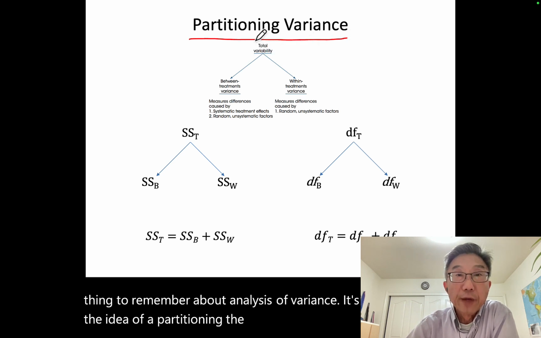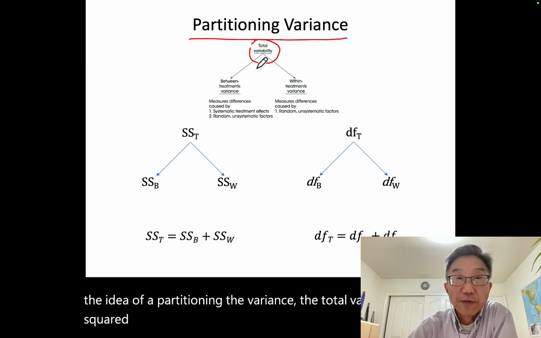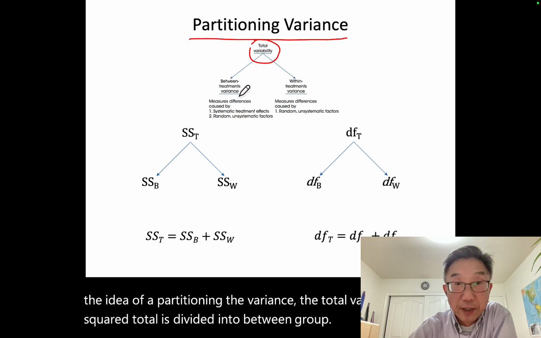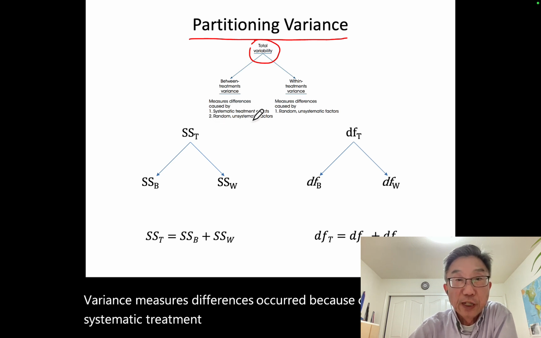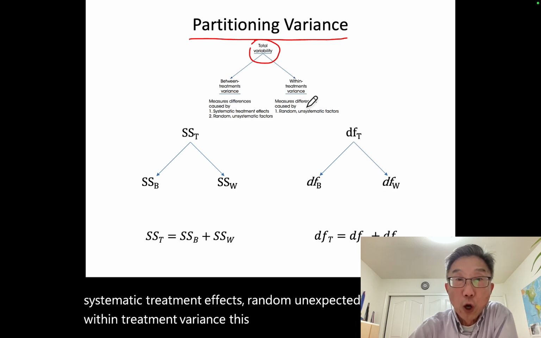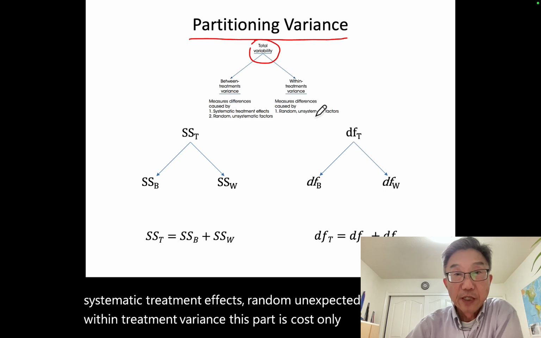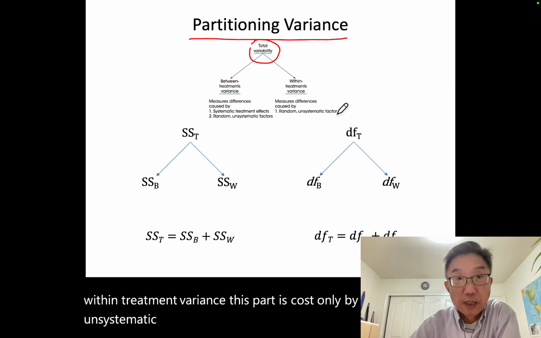The total variability, sum of squares total, is divided into between group variance, which measures differences caused by systematic treatment effects and random unexpected factors, error, and within treatment variance, which is caused only by random unsystematic factors, which is error.